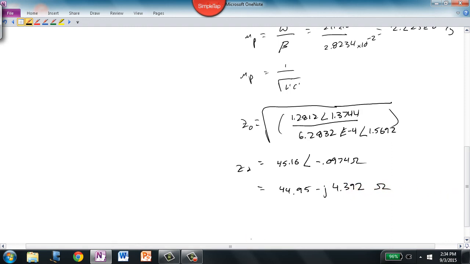And so we see that this lossy transmission line has a complex characteristic impedance.